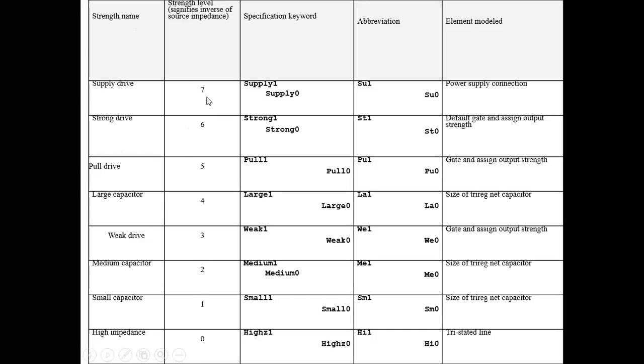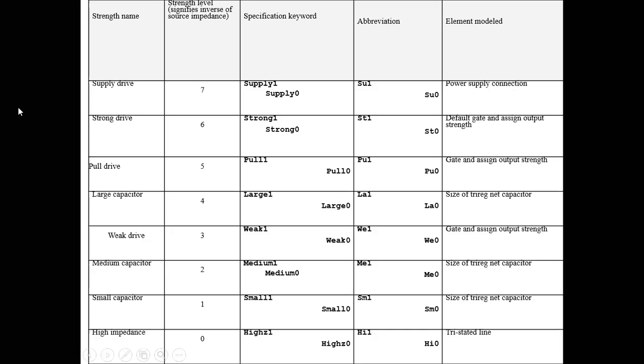The highest strength level is this one, which has a 7. And how it is specified, you can see: SUPPLY1 or SUPPLY0. Its abbreviation is generally SU1 and SU0. It is for power supply connections.